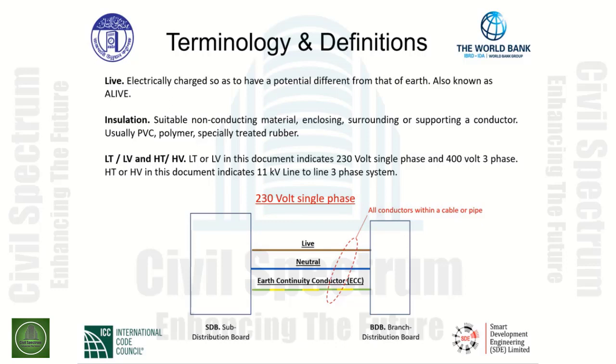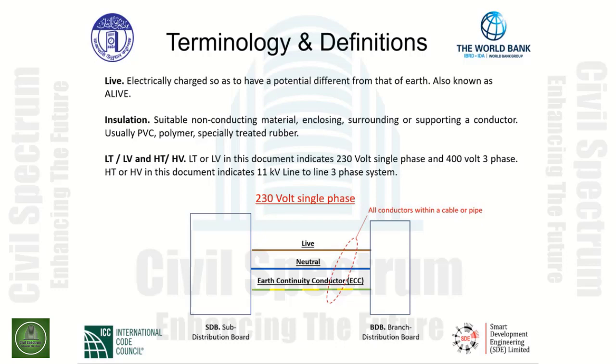As an example, below we have a diagram indicating a 230 volt single phase system. This would be indicated as a LV type system or an LT-LV system. And as we can see, we have the voltage limited at 230 volt single phase.